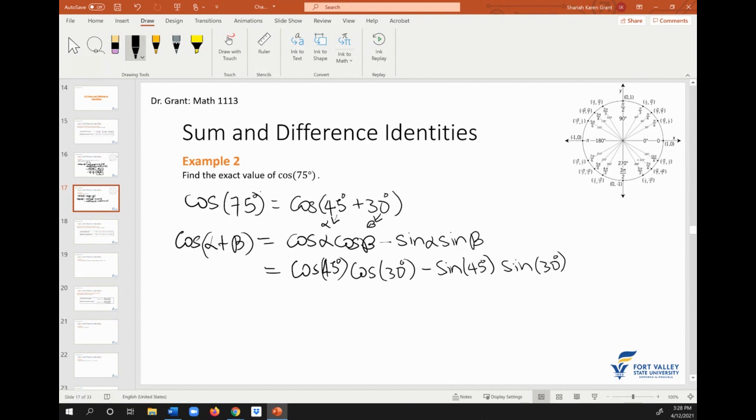And so now we're just going to plug in. So cosine of 45 is going to be root 2 over 2, while cosine of 30 is root 3 over 2.